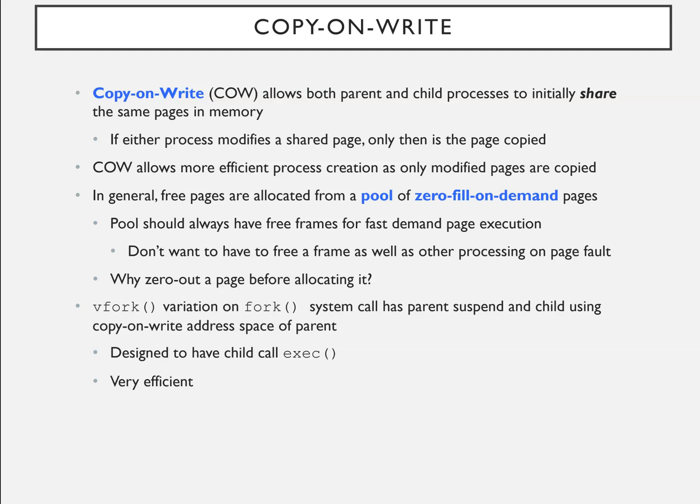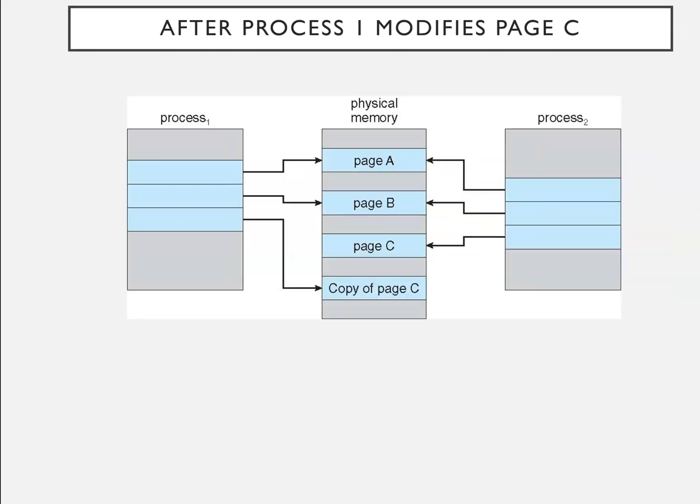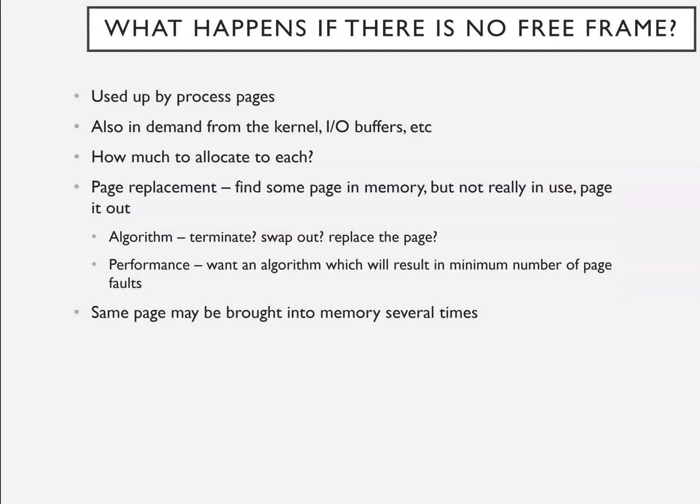It's designed to have the child call exec on the process, and it can be very efficient. So here, we've got our process 1 and process 2, and they're sharing pages before somebody modifies page C. Afterwards, we'll have C and a copy of C, where the process points to the changed one.